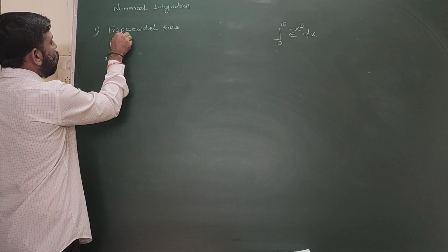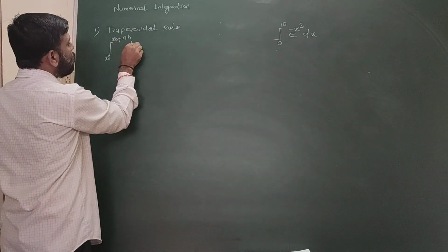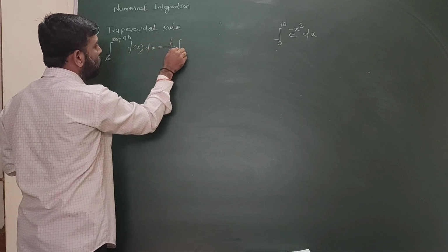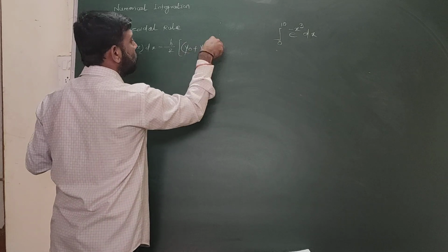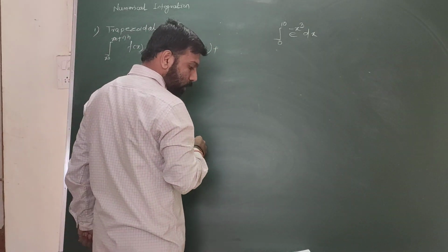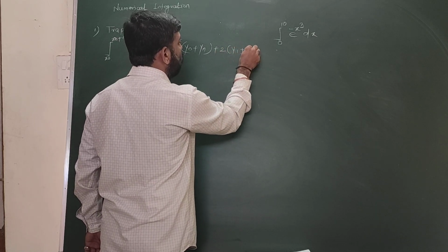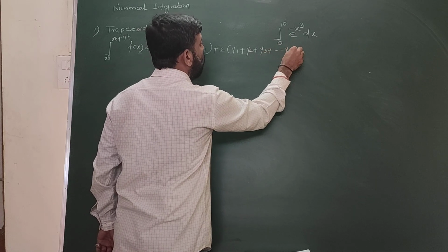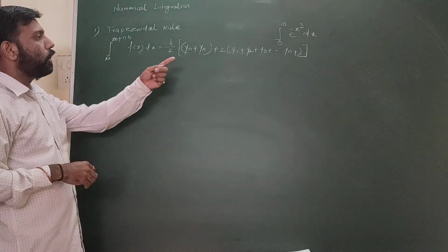The integral from x0 to x0 plus nh of f of x dx is equal to h by 2 times y0 plus yn plus 2 times y1, y2, y3, and so on up to yn minus 1.